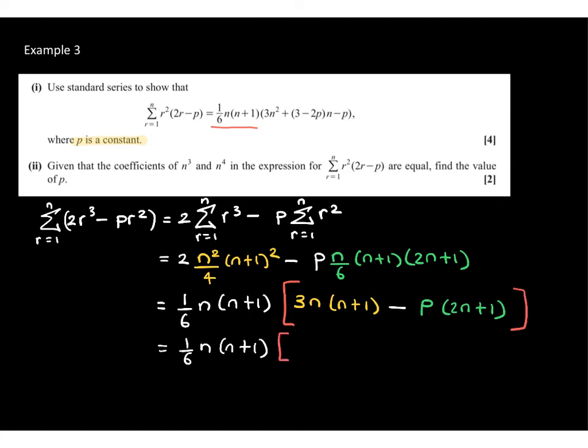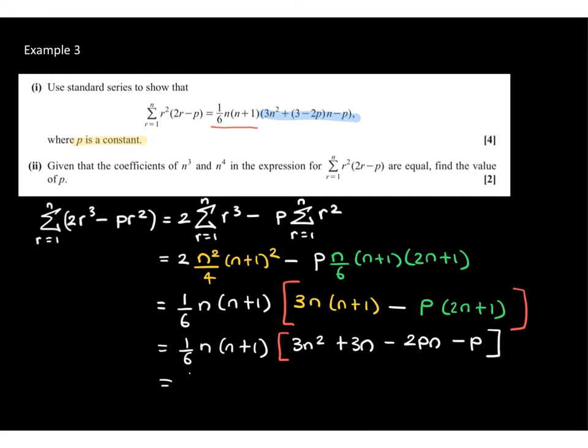So that gives me 3n squared plus 3n minus 2pn minus p. And always look at your final answer here and look at how you aim to get to that final answer.